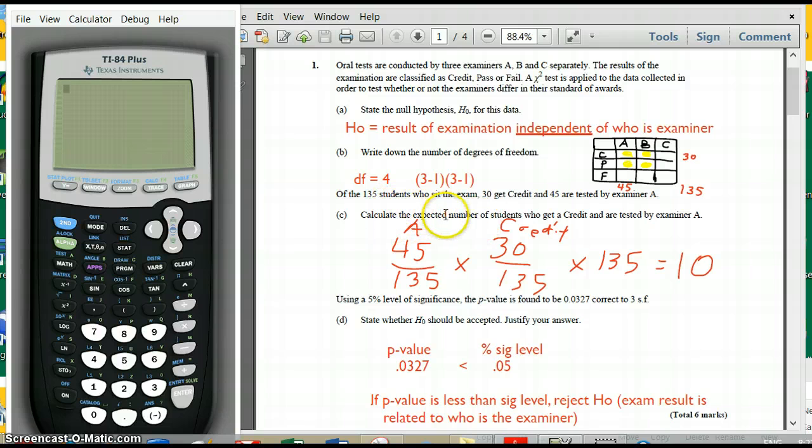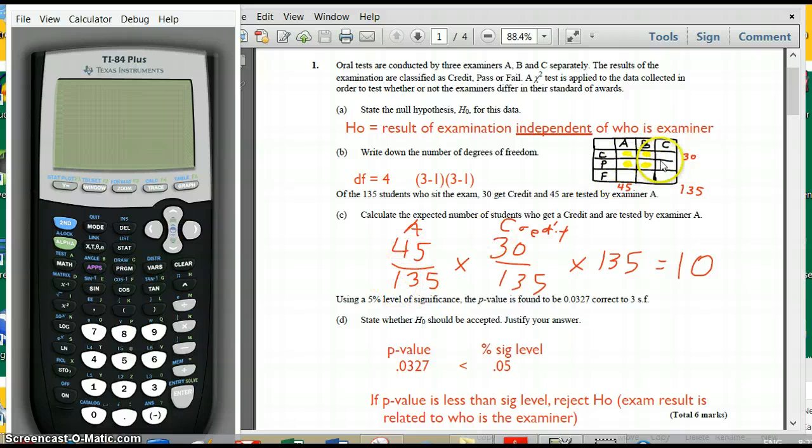So we want to calculate the expected number of students who get credit and are tested by examiner A. So that would be specifically this cell right here. And remember that the way you calculate the expected frequency for this cell would be to find the percentage of this column, find the percentage of this row, multiply them together, and then multiply times the total. So for the A column, the percentage would be 45 divided by 135.